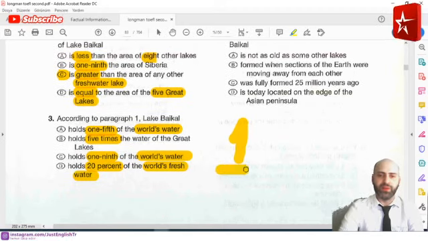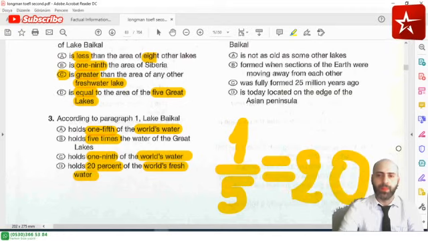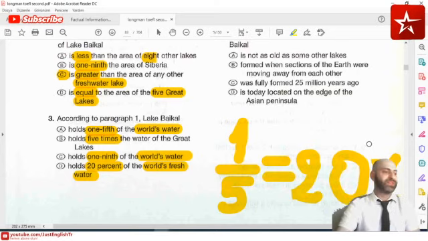So 1/5 is this, and 1/5 definitely equals, oh sorry, 1/5 and 20% are the same. So to solve this question, we needed some mathematical knowledge as well.